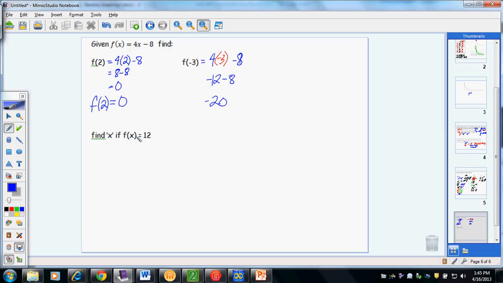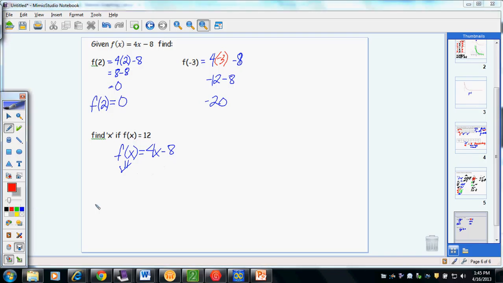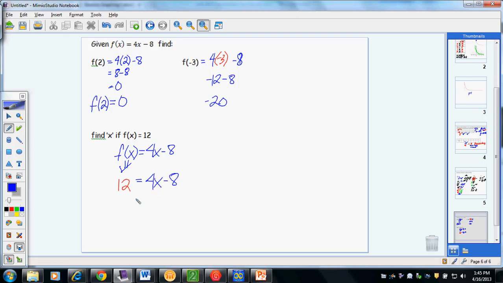Now we're going to find x when f of x equals 12. So if we're given this function, f of x equals 4x minus 8, and f of x equals 12, then I can go ahead and solve for x.